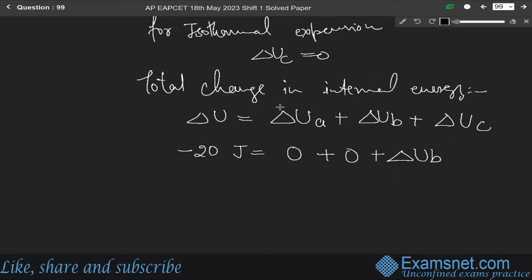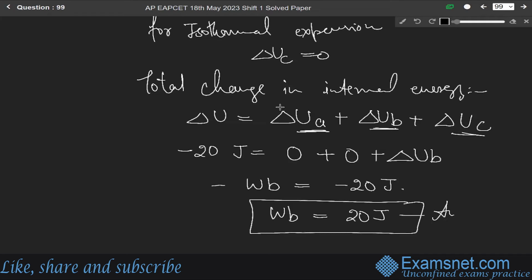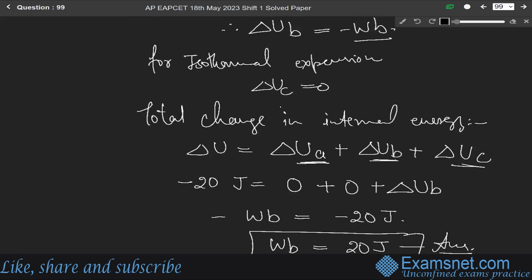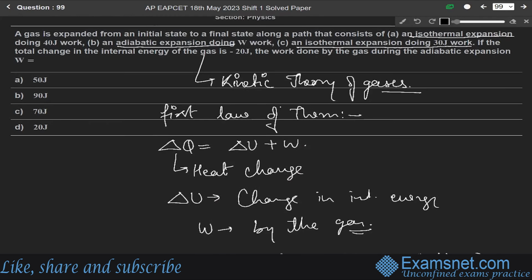Since this will be 0 and this will be 0, only this will exist. So minus of WB will be equal to minus of 20 joule. So WB will be equal to 20 joule. This is our final answer. So among these four options, option D is the correct answer.